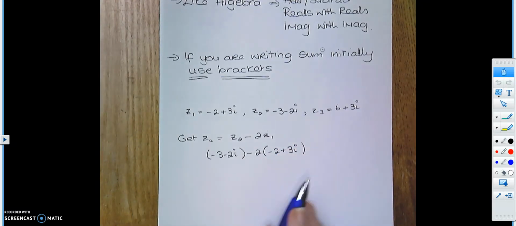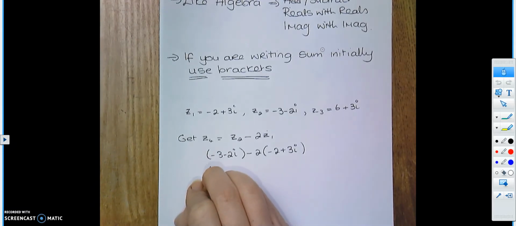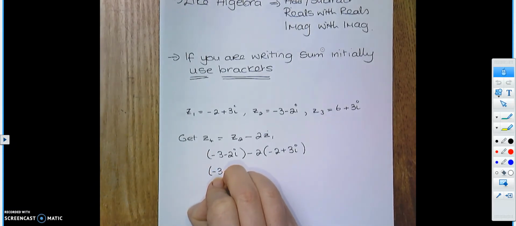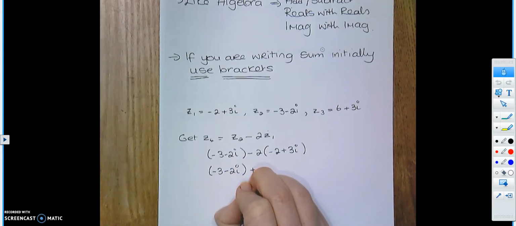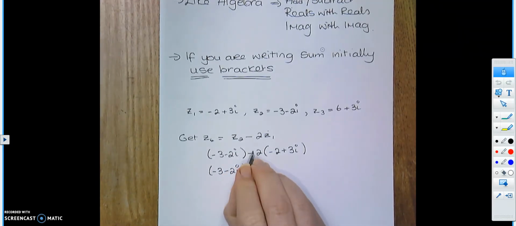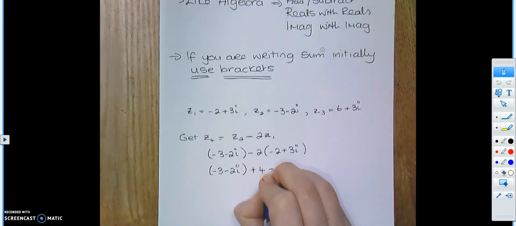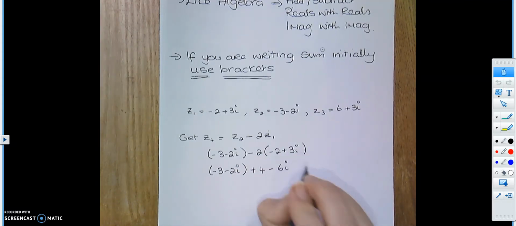In terms of the sum, you're going to do your multiply first. We haven't done anything to the first bracket, so we leave that alone. Minus by minus will give you a plus, and you get a 4. Minus by a plus gives you a minus, and you get a 6i.